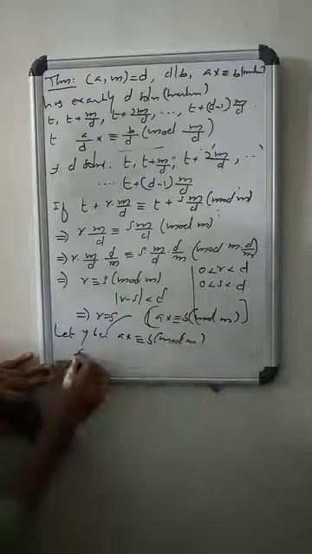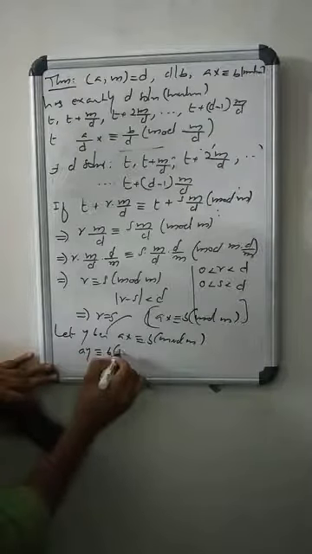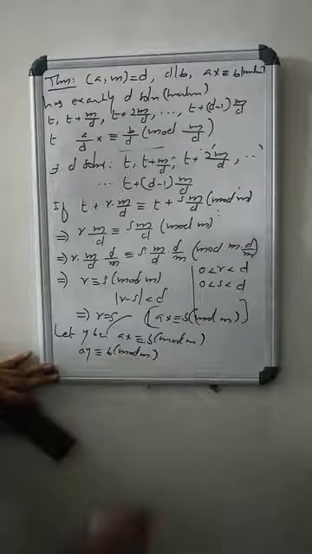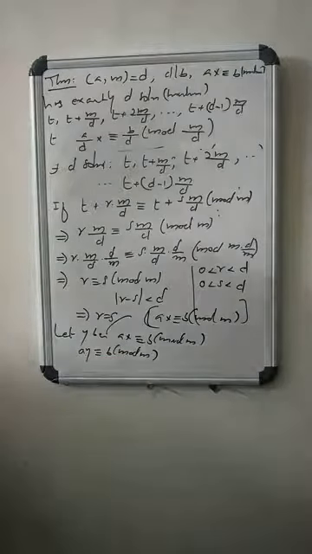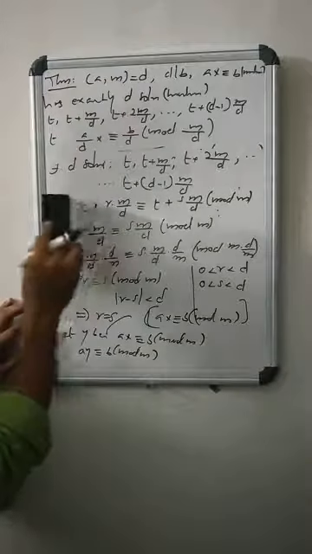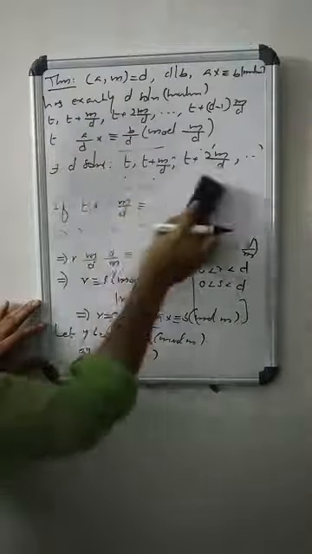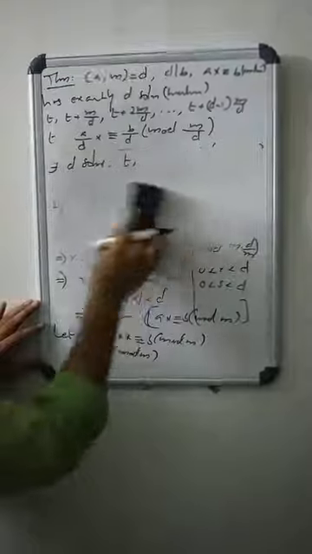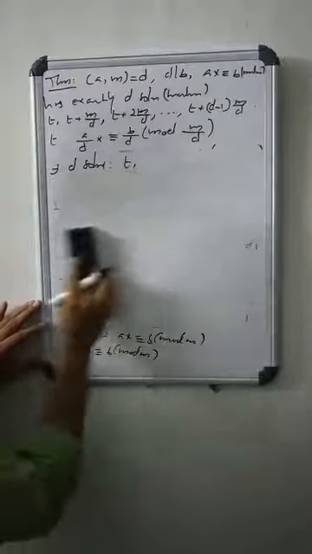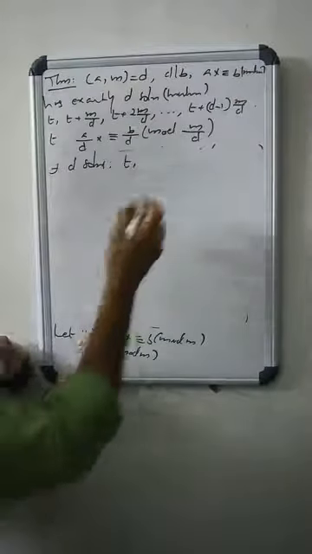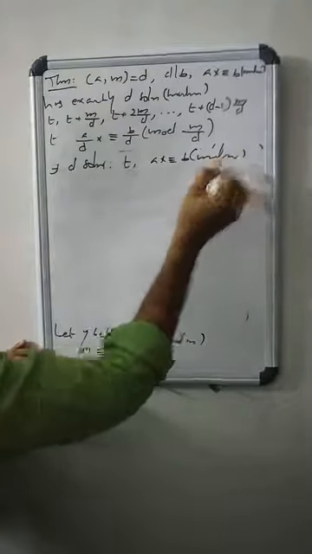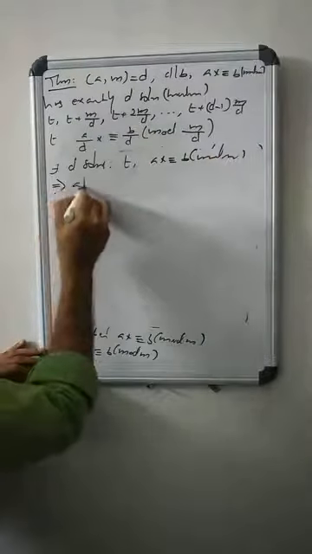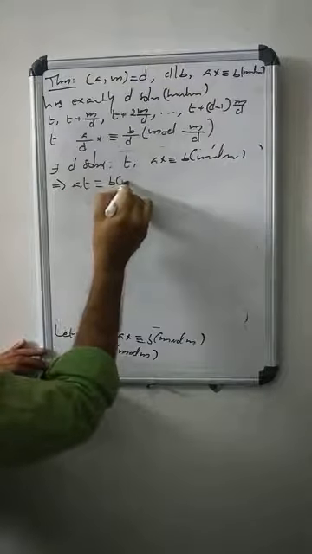That means ay is congruent to b mod m. We have t as a solution. Let us consider t to be a solution of this linear congruence ax congruent to b mod m. That means at is congruent to b mod m.